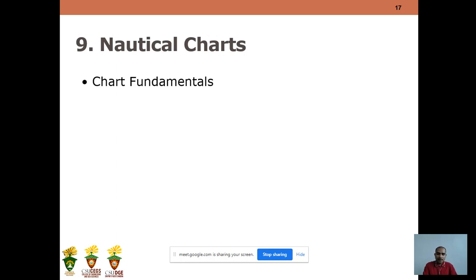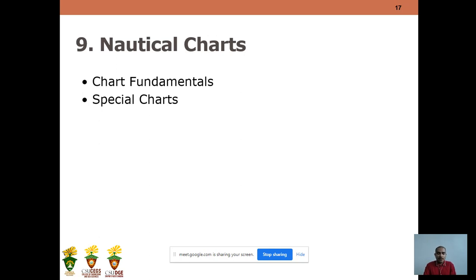And under the nautical charts, there are certain subtopics. First is the fundamentals of nautical charts. Next, we're going to discuss the special charts.